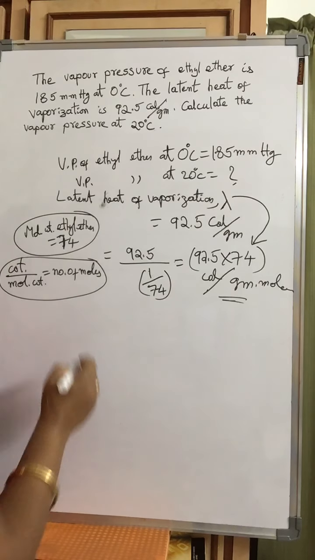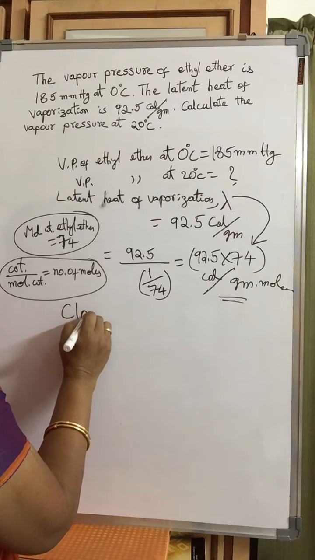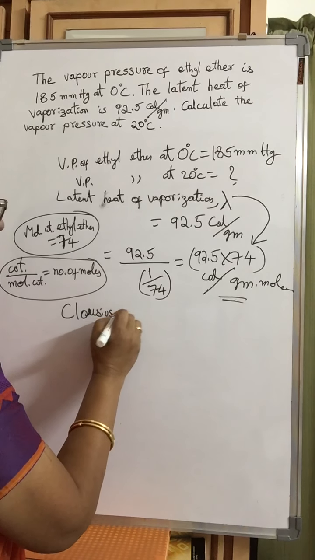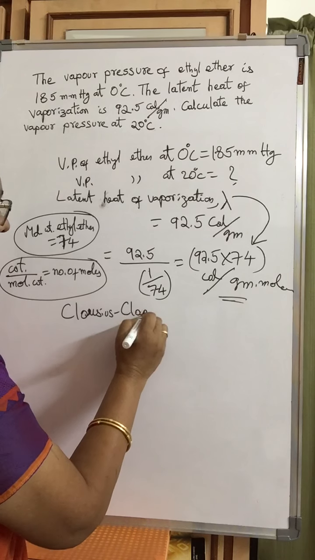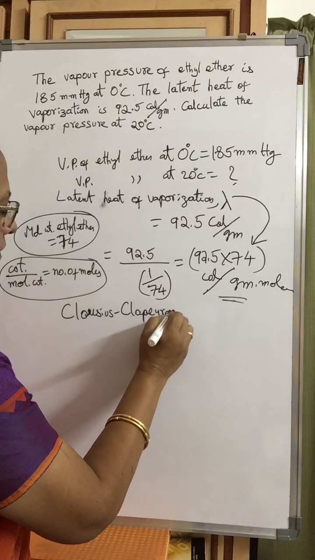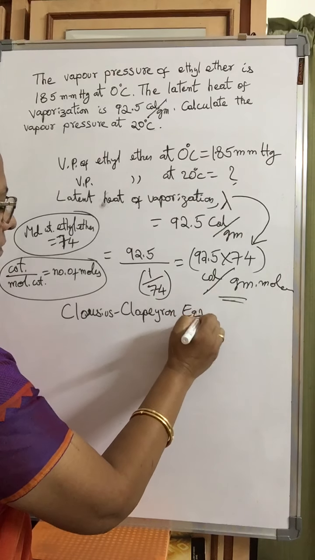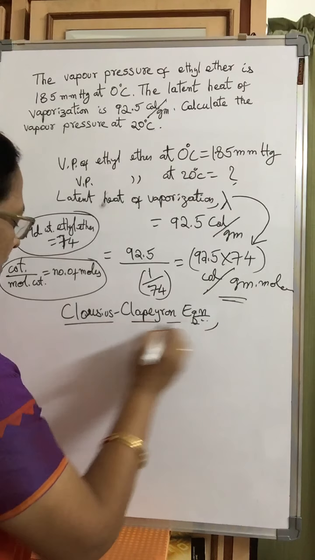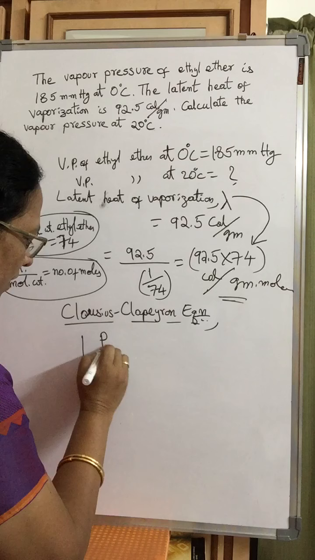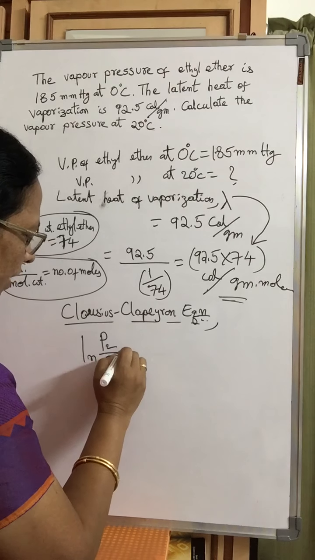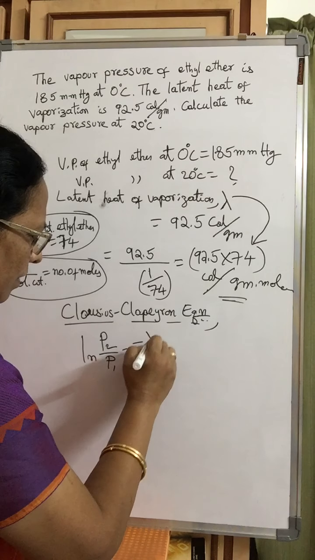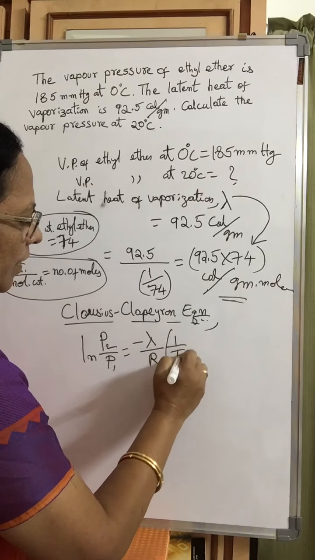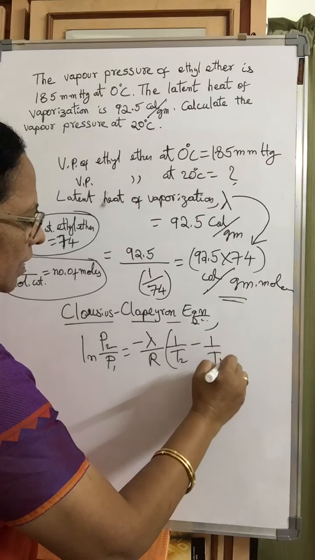Next, shall we write the Clausius Clapeyron equation? The Clausius Clapeyron equation is given by ln P2 by P1 is equal to minus lambda by R into 1 by T2 minus 1 by T1.